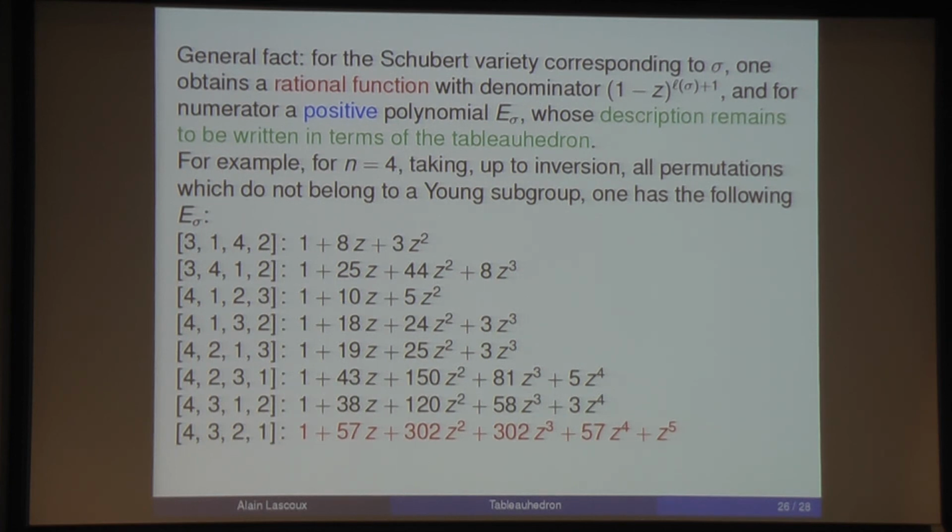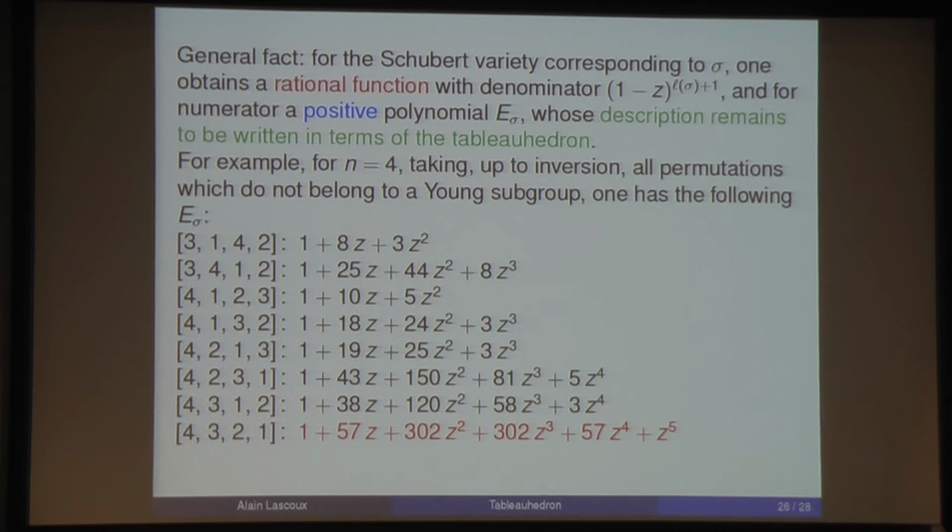And more generally, you will find Eulerian polynomials of any degree in your list of numerators of this generating series. And so here we could say that we have a construction which generalizes the classical Eulerian polynomial.